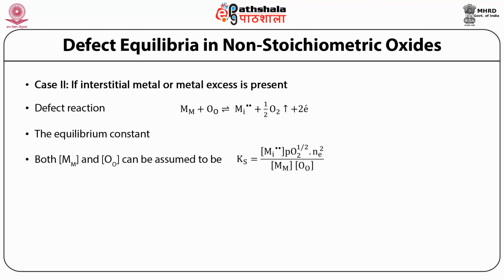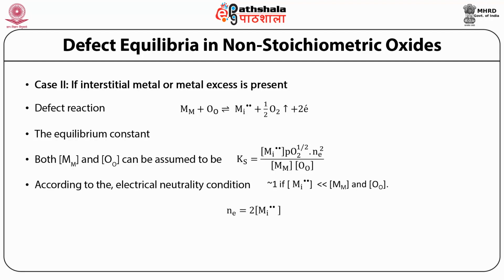Here, both MM and OO can be assumed to be 1, and if the concentration of Mi double dot is very much less than the concentration of MM and OO, then according to the electrical neutrality condition, Ne is equal to twice of Mi double dot.